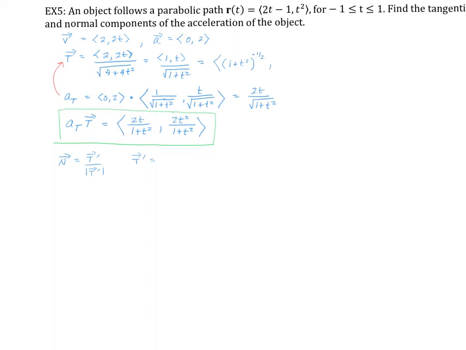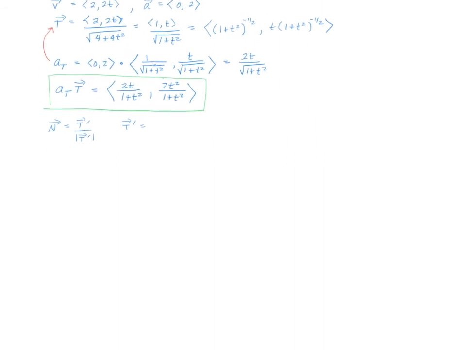And then the other component would be t times 1 plus t squared to the negative 1/2. It may be easier for me to compute the derivative of the tangent vector if I wrote the tangent vector that way.